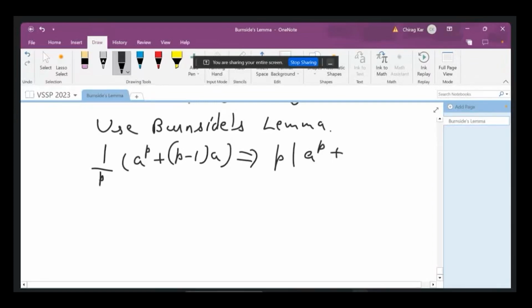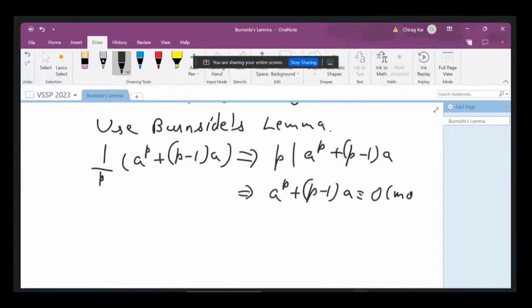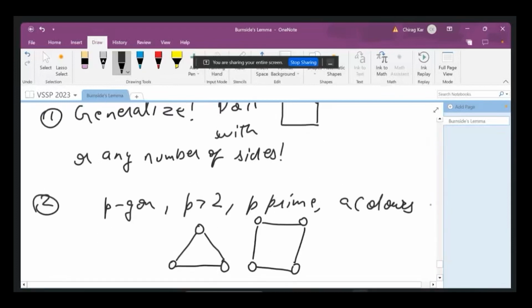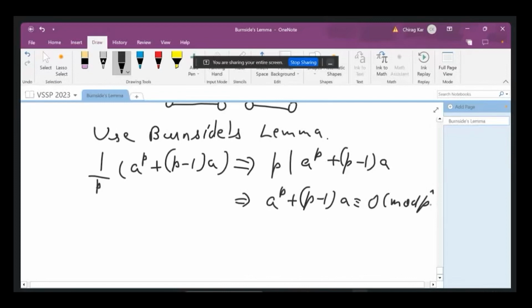P divides A to the P plus P minus 1 times A. Which then implies that A to the P plus P minus 1 A is congruent to 0 mod P, which then implies that A to the P is congruent to A mod P.